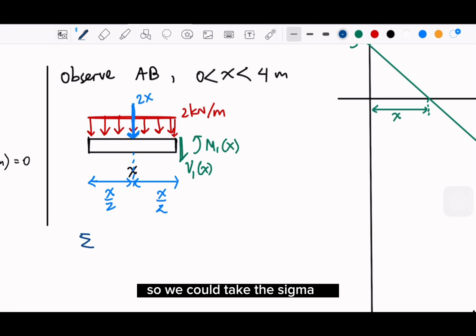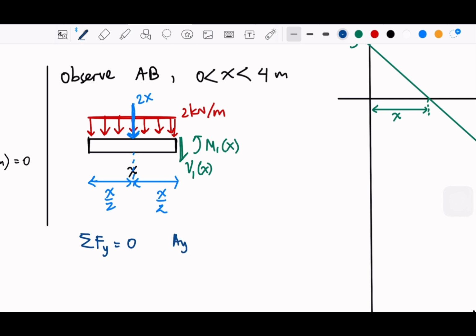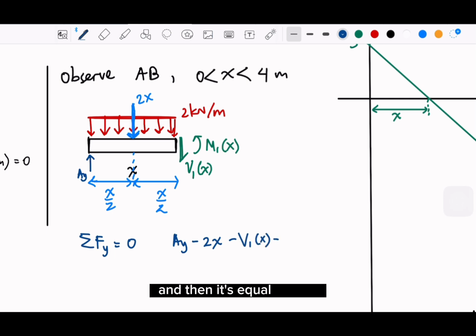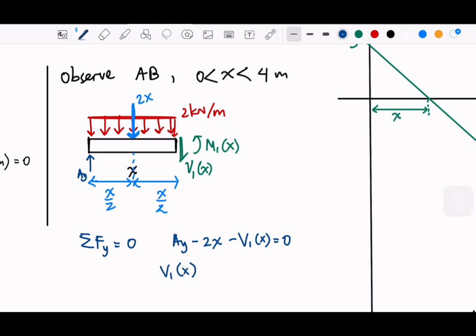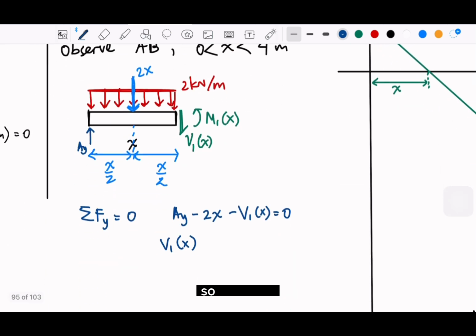So we take the sum of Fy equal to 0, and we have Ay here. So Ay minus 2x, and then minus V, is equal to 0. And we can determine how much Ay is. What is Ay? 3, right? So 3 kilonewtons minus 2x.